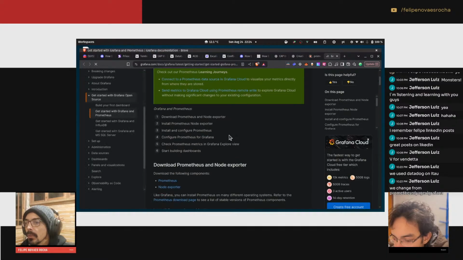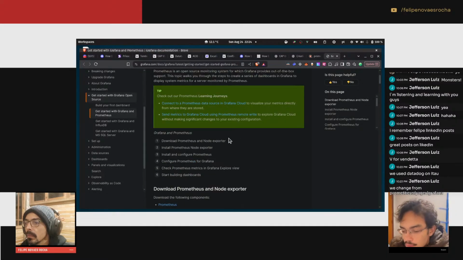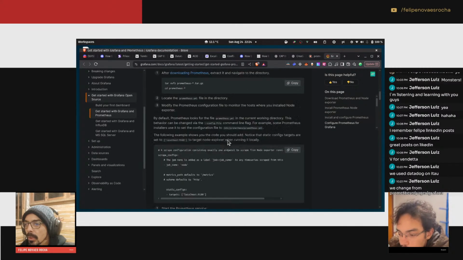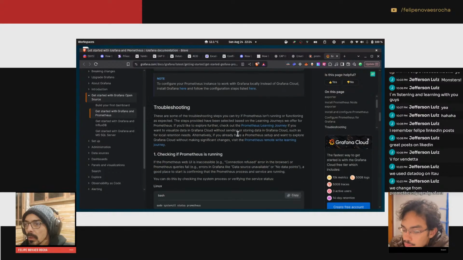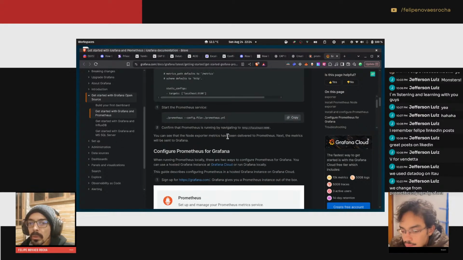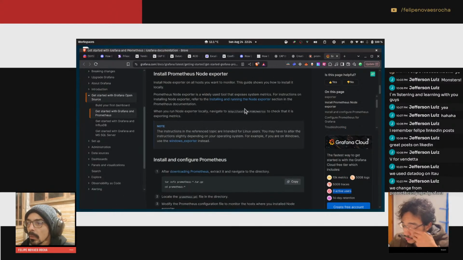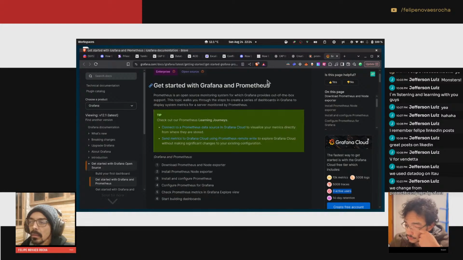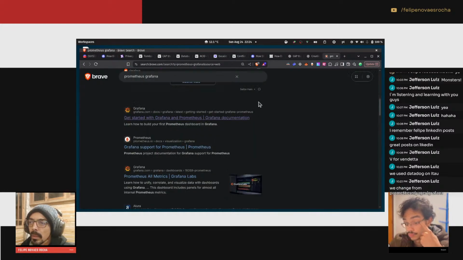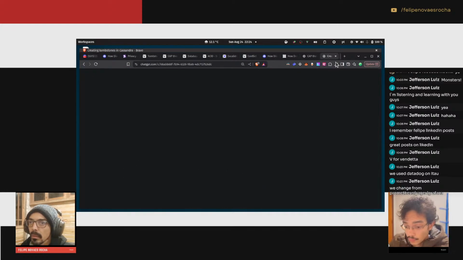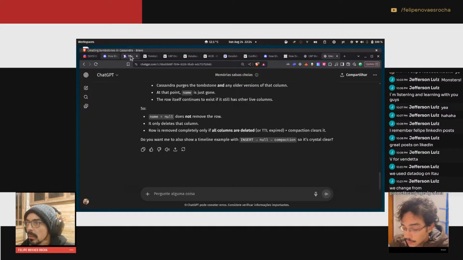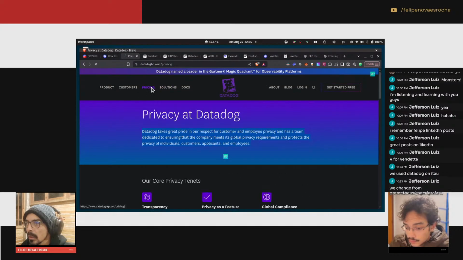It's very good, Grafana. I use it in some projects. Very cool with Prometheus. They have a cloud too with the 10K. I don't know the prices, but for something big like Itaú, Datadog should be better.